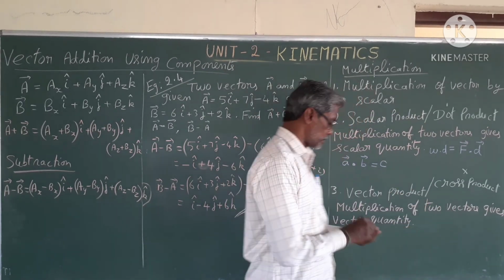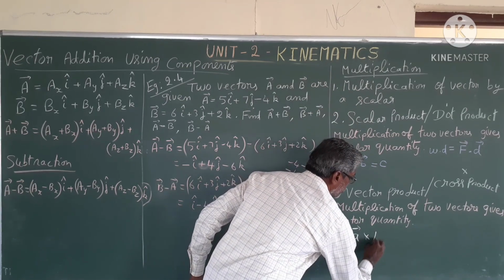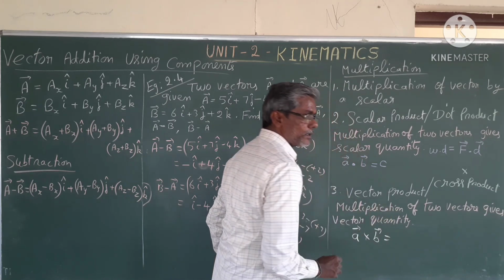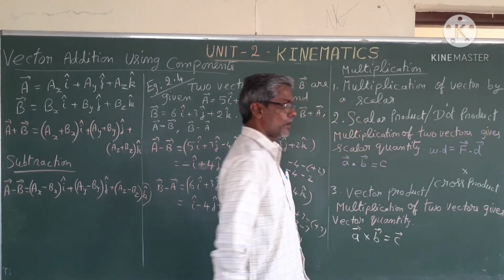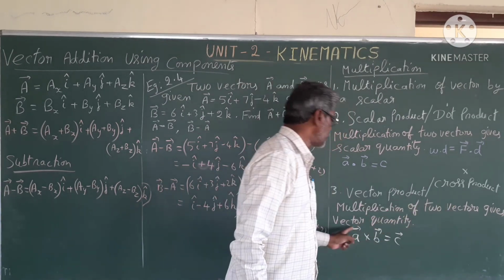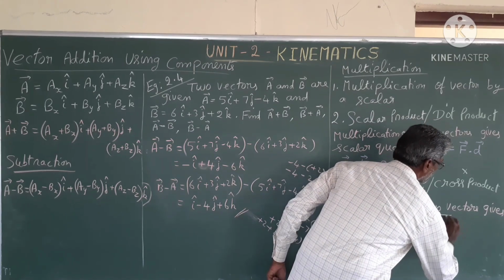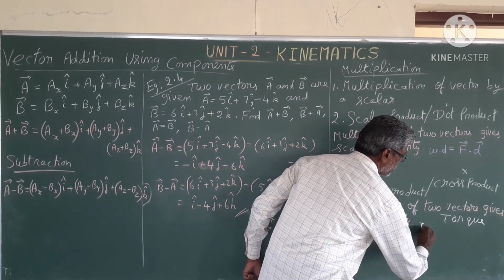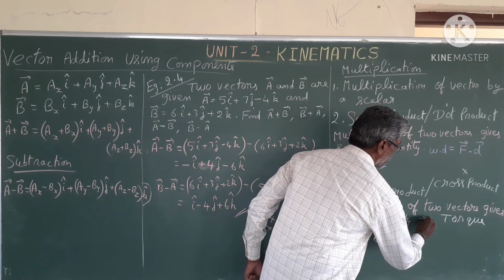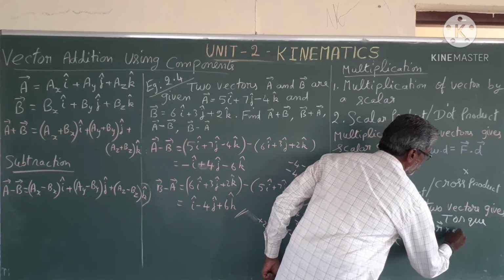Next we will go for vector product. Multiplication of two vectors will be equal to one vector quantity. Multiplication of two vectors will give a vector quantity. For example, torque. The symbol for torque is tau is equal to r vector into f vector.